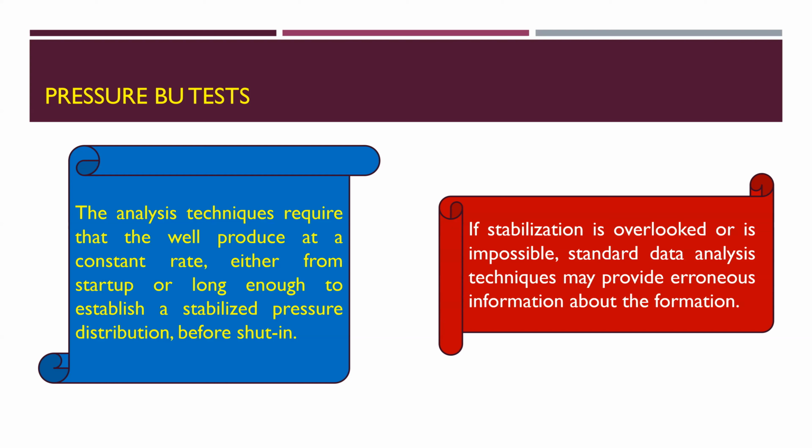Is it easy to be achieved? Imagine that if this stabilization is overlooked or impossible, the standard analysis techniques may provide, in this case, what we call erroneous information about the formation.